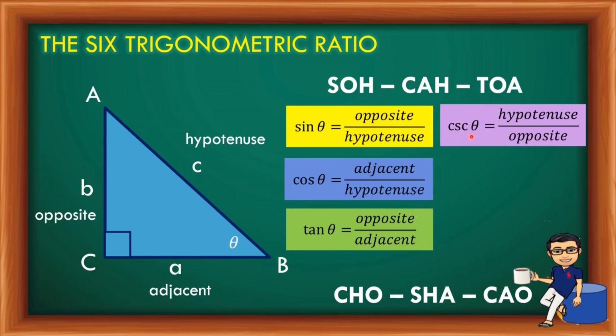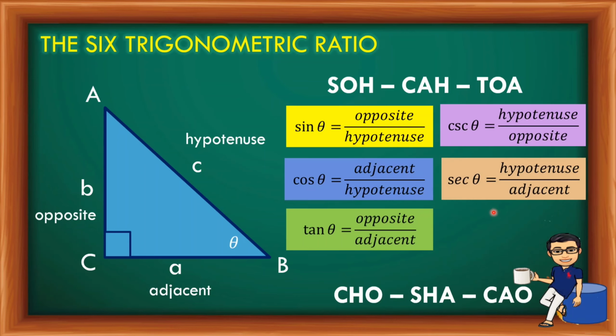C for cosecant, H for hypotenuse, and O for opposite. Next is SHA, which is secant theta, which is the ratio of hypotenuse over adjacent. S for secant, H for hypotenuse, and A for adjacent. The last is CAW, which is cotangent theta, the ratio of adjacent over opposite. C for cotangent, A for adjacent, and O for opposite.